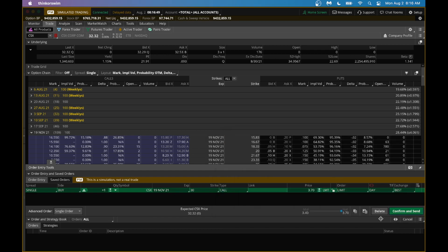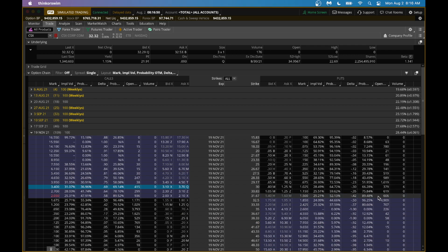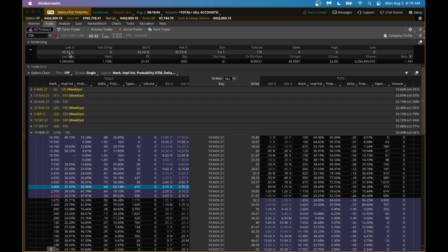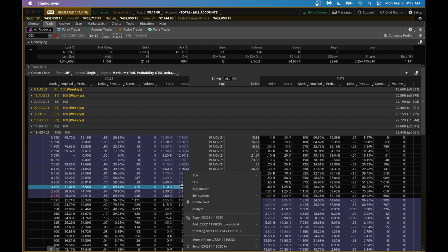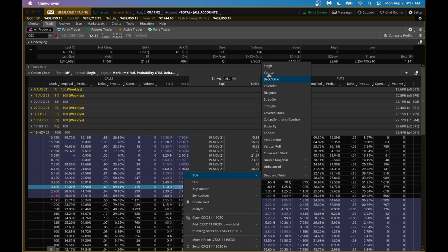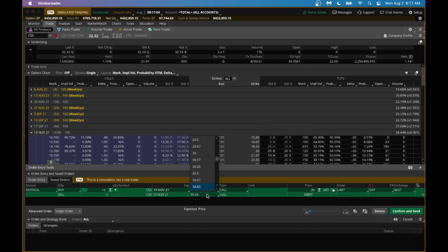If you don't want to play that, or if you have a little bit smaller account, you could buy a 30-35 spread. So if you want to buy a 30-35 spread, you could do something like this, buy vertical 30-35. It's a $5 wide spread.